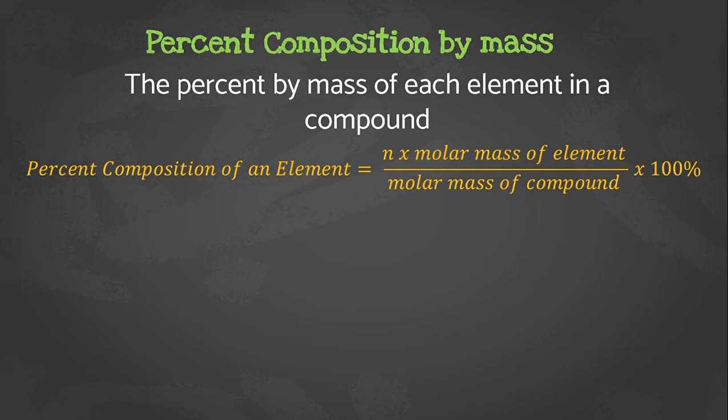We have percent composition of an element is equal to N. This N here refers to the number of moles, o yung bilang niya dun sa formula, times the molar mass, yung mass ng element dun sa periodic table, divided by the molar mass of the compound. When we say molar mass, yan yung kabuuang timbang ng lahat ng elements dun sa compound.